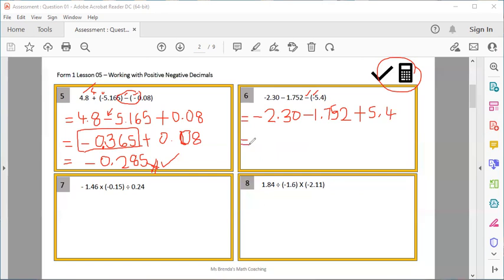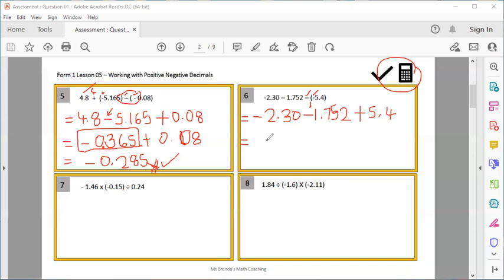Now, when you want to start with a negative number, listen, press the minus symbol. That's what you got to do. Are you following? Press the minus symbol and then type 2.3. Automatically it will come out negative 2.3. Yes or not? And then press the minus symbol again, type 1.752.